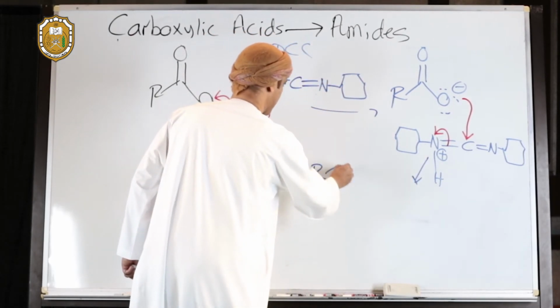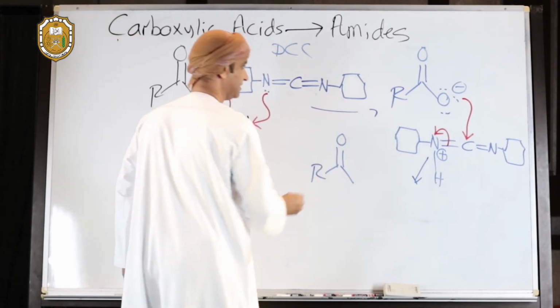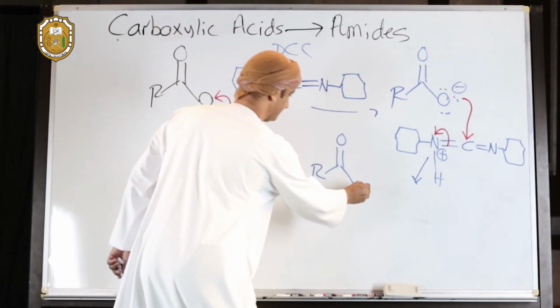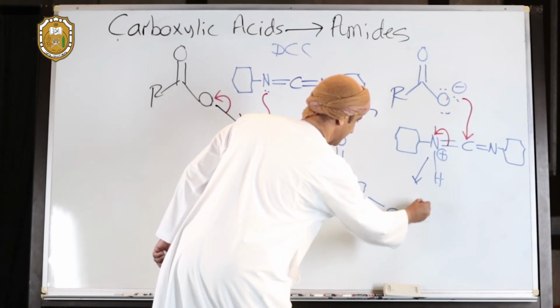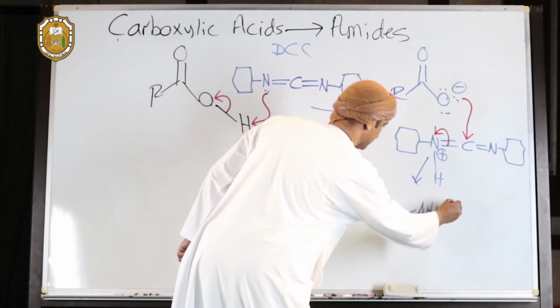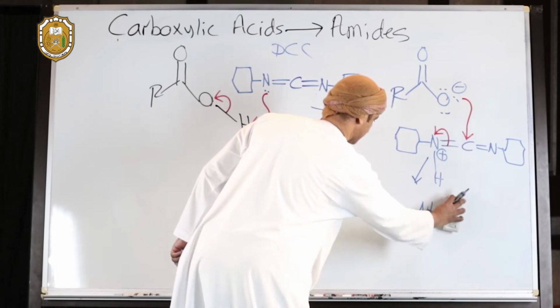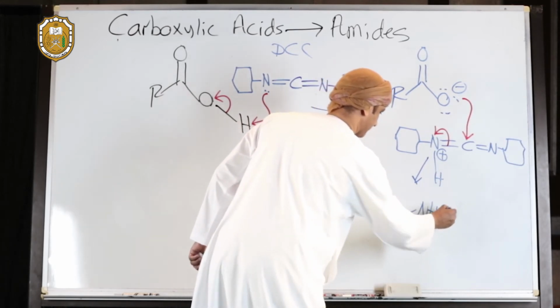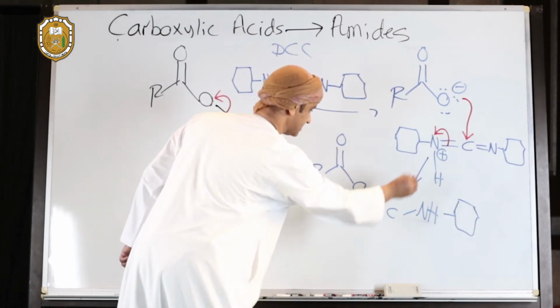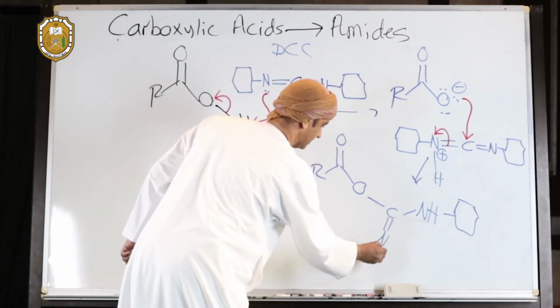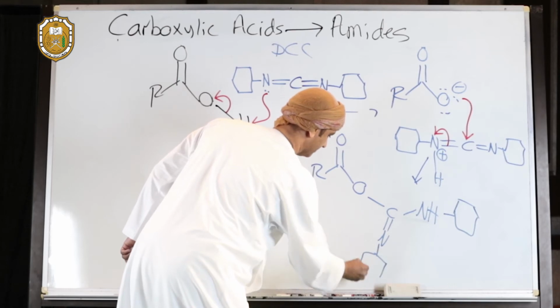Let's draw the intermediate that is obtained. Okay, so what do we have? We have this unit. Oxygen now bonds to that carbon. There is an H obviously here, and a cyclohexyl unit. And obviously there is still a carbon-nitrogen double bond.